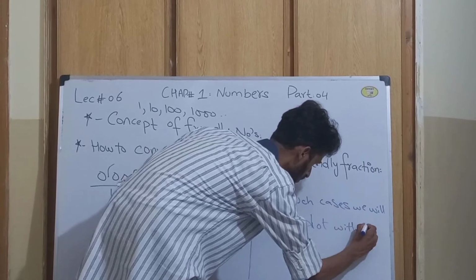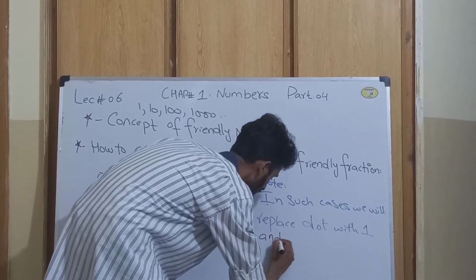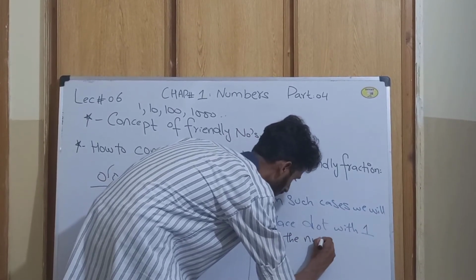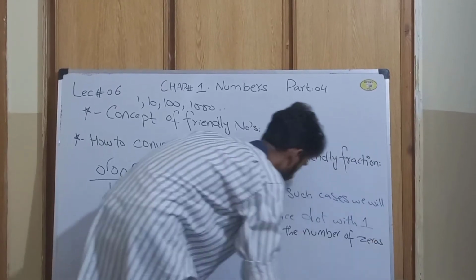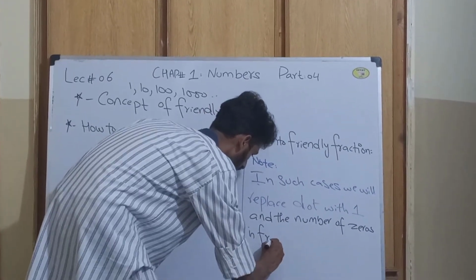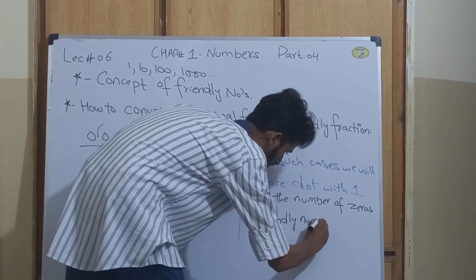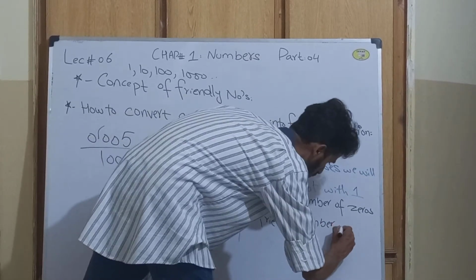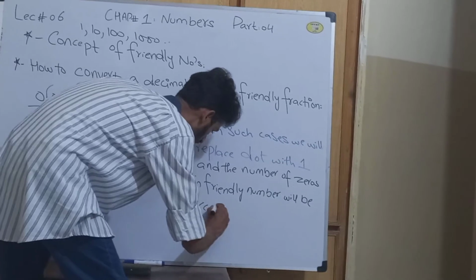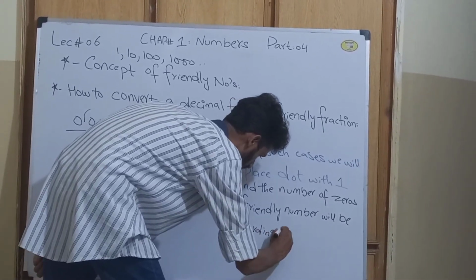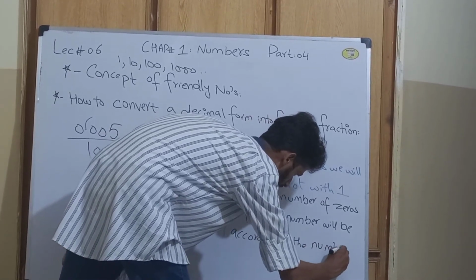So here we replace dot with 1, and the number of zeros in friendly number will be according to the numbers present after the decimal.